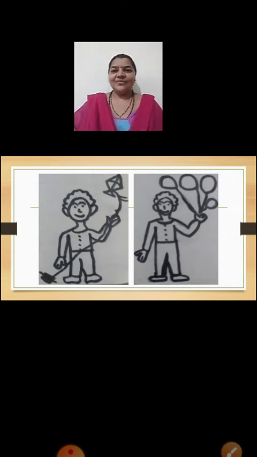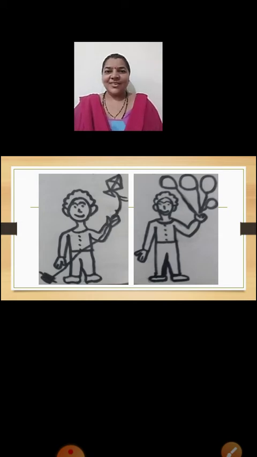Now children, tell me what you can see here. Yes, here in both the pictures we can see a boy. But in both the pictures we can see some different things. Can you name it? Yes, the picture which is to your left hand side, in that picture that boy is holding a kite.